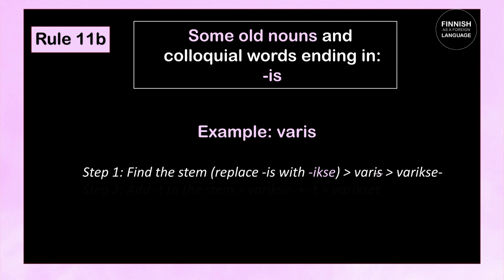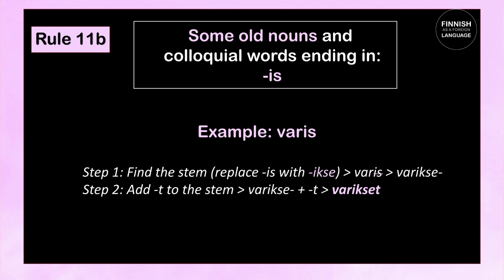See the difference here? Is doesn't get changed anymore with a double i, instead it gets replaced with ikse. So varis changes to varikse. This is our stem. Then in the second step we have to add t to the stem, which means we take varikse plus t and we get varikset. Varikset meaning the crows. This is the nominative plural.